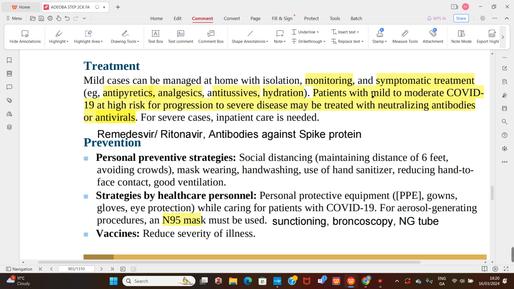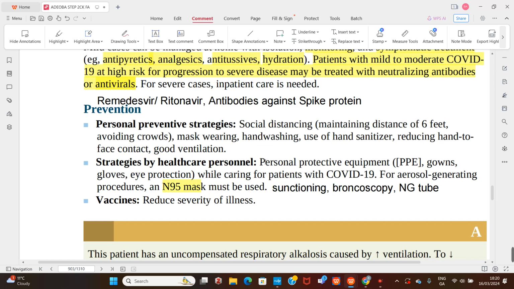But when they have a very high risk of progressing due to some underlying comorbidities, you can prep them by giving them neutralizing antibodies. There are a lot of them. Most of them neutralize the spike protein of the COVID, or some antivirals like I have here. Ritonavir is used in HIV. Remdesivir is also used to treat the COVID.